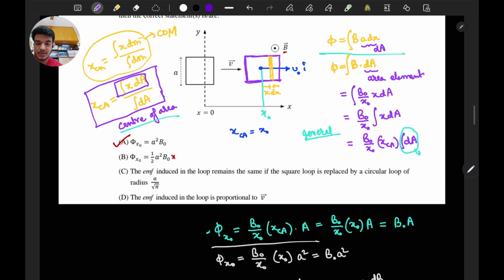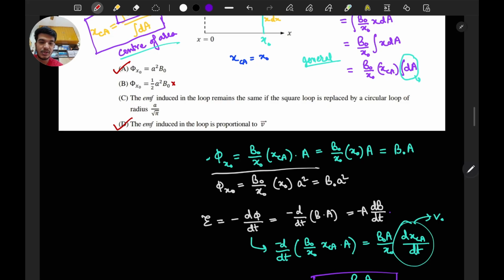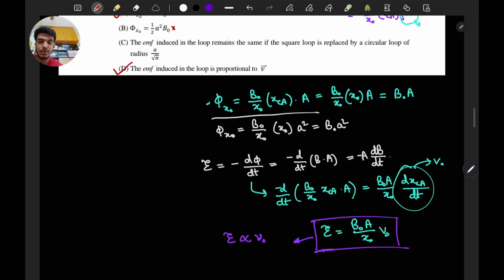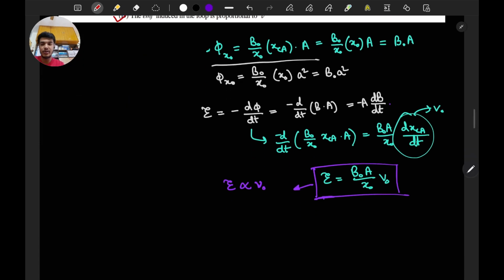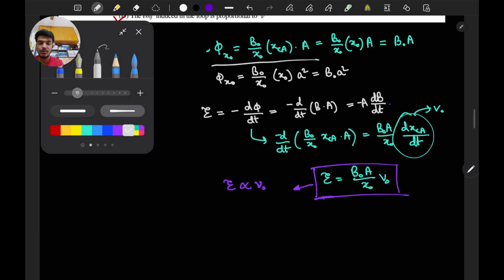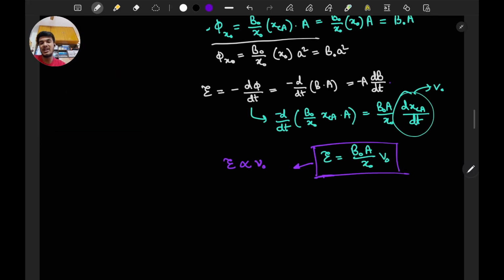So I get my last option, that the EMF induced in the loop is proportional to v naught, which is also correct. Now let me check: the EMF induced in the loop remains the same if the square loop is replaced by a circular loop of radius a by root pi. Since we saw that the EMF induced has this format, the only thing that matters is the area, because B naught, v naught, and x naught are defined. If the area is the same, then for any loop of any shape with the same area, the EMF induced will be the same.